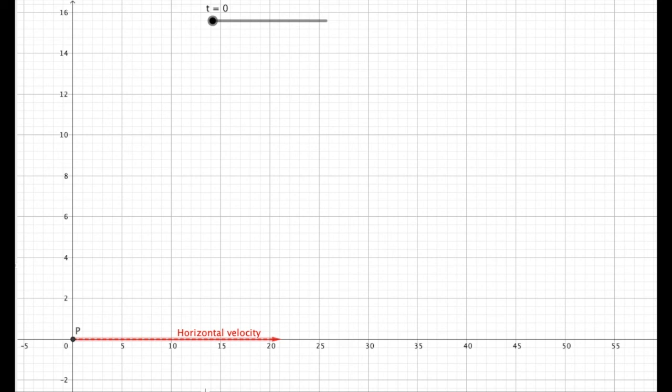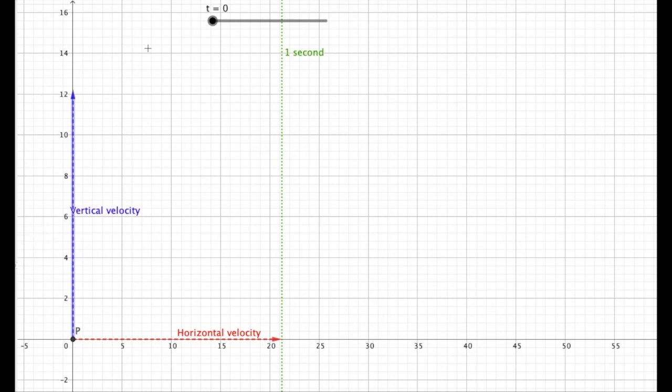So after a second in the horizontal direction, we would expect it to have travelled the length of that velocity vector. We'll pop a line in there, and check that that's what happens. For the vertical velocity, the initial vertical velocity is 12.25, and so we've now set that up.